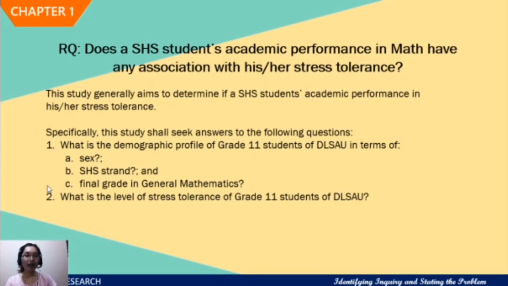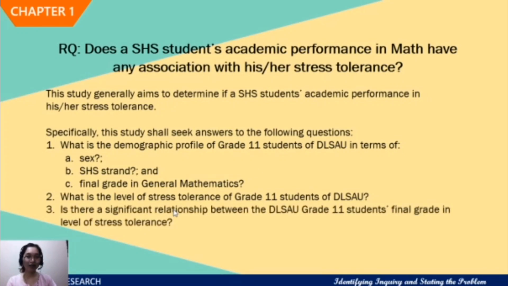Since you have this research question, kasi nga, you would want to measure the stress tolerance of the participants of the study. So, kailangan mo maghanap ng standardized, verified, valid, and reliable na instrument para ma-measure mo yung stress tolerance ng grade 11 students.